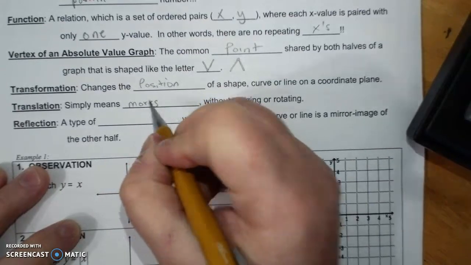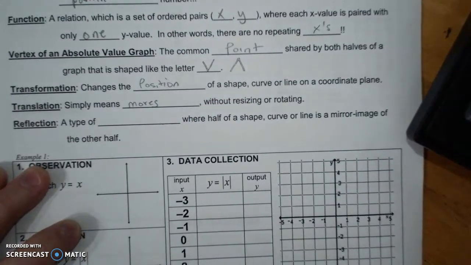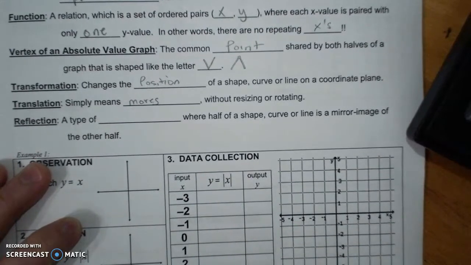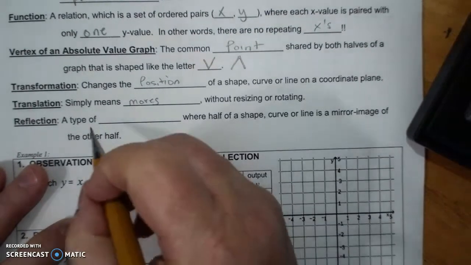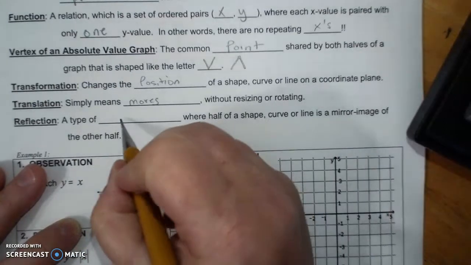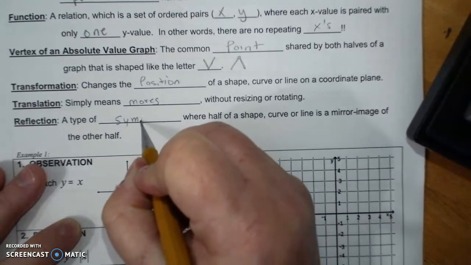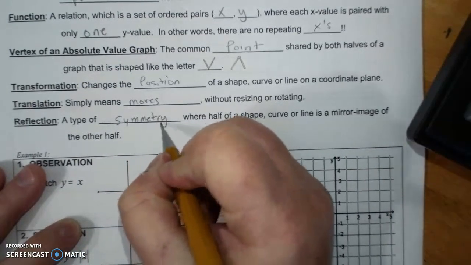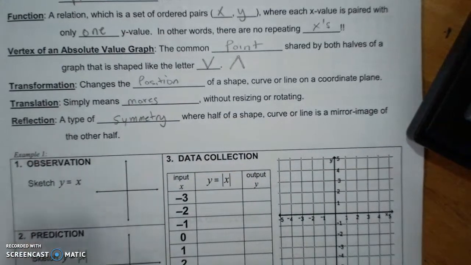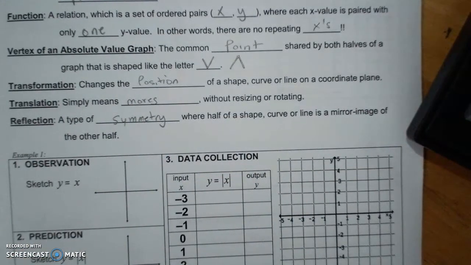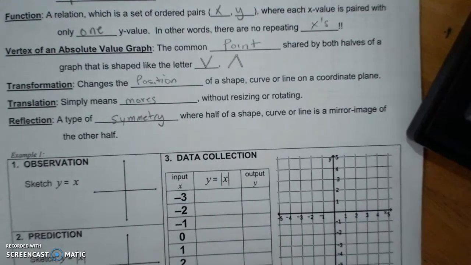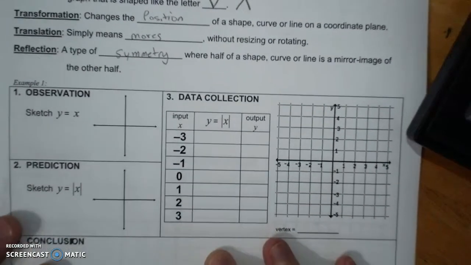We are talking move up, move down, move left, move right. A reflection has symmetry, and that means that half of a shape, curve, or mirror image is the other half. So you've had butterflies, you've had other things where there is a line of symmetry.